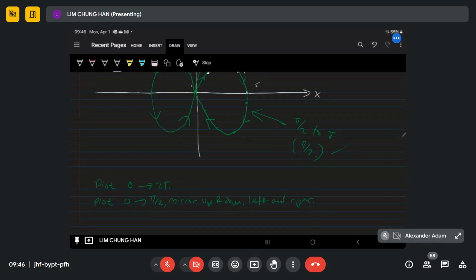Because up and down, we have y squared, an even power, and left and right, because we have even powered x squared.